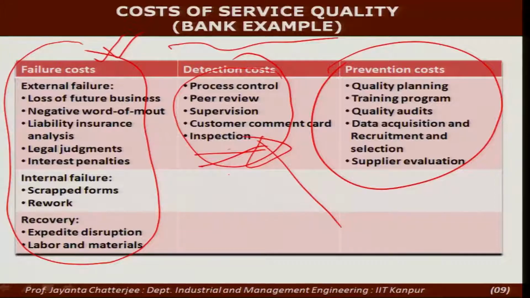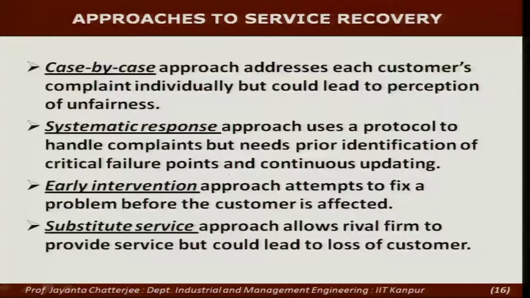These are various ways, and I will just show you the different processes and their relative applicability just now. So, service recovery is something that we will discuss in a lot more detail later on, but at this moment I will just say that service recovery can be done case by case, through a systemic response, or through some early intervention, that means at the detection stage, and we will see the weightages or the mix of these that we should take.